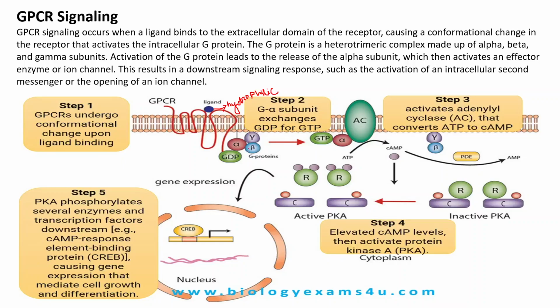When GTP binds to this alpha subunit, it gets activated, and then it goes to the adenylate cyclase and activates it, which is the effector molecule.